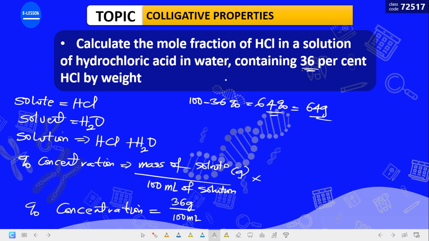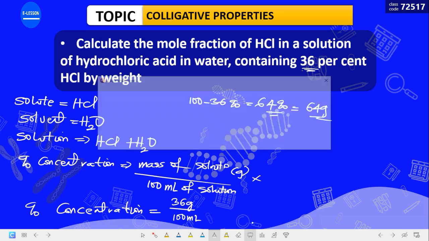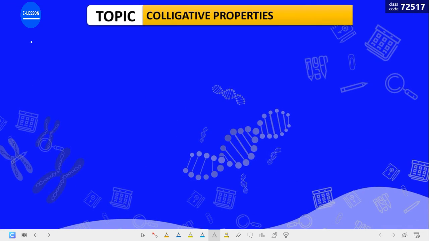Now, providing a solution to this question, we have to calculate the number of moles of the individual constituents, or individual components, of this solution, which is the solute HCl and the solvent H2O. We've known the masses. Let's go to a clean sheet. Now, the mass of HCl is what?